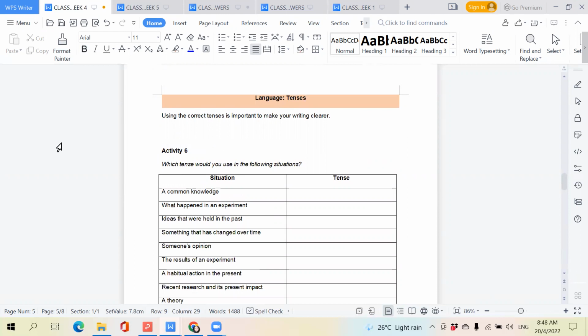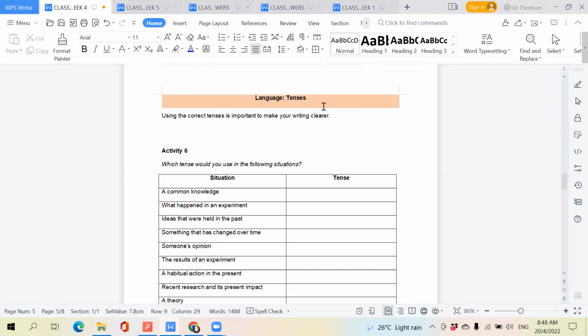We don't have any type of sentence or words to indicate this has happened in the past, this is happening in the future. We have, but it's not really specific like the one that we have in the English language. For example, if I say I have already eaten, in Malay it's very easy to say 'dah makan', easy, but it's not really specific.